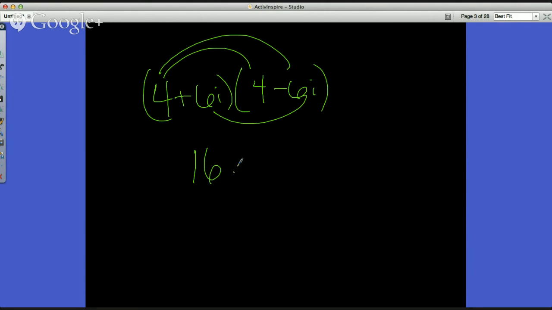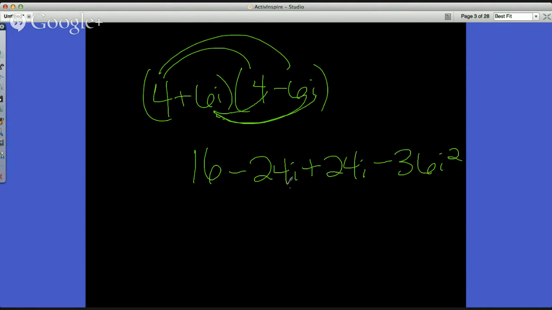4 times negative 6i gets me, yep, negative 24i. 6i times 4 is what? Plus 24i. And 6i times negative 6i is? 36i squared. Good, Ryan and Katie. Good. Now, is there anything that could cancel here? Yeah, that just so happens because they're conjugates of each other.